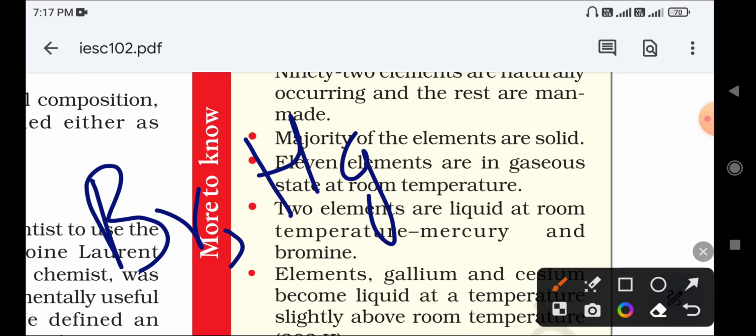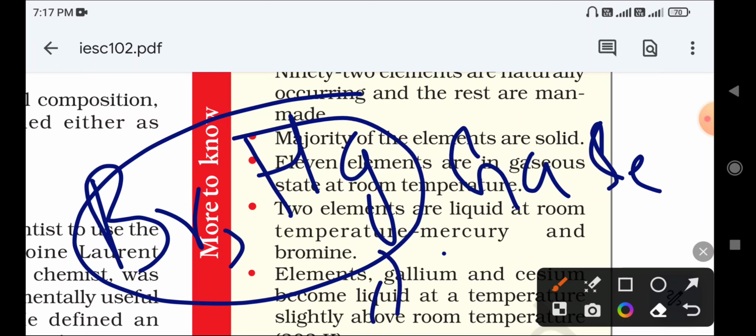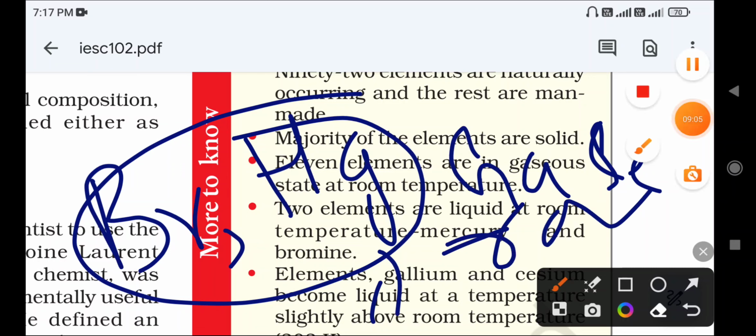These are the two elements that are liquid at room temperature. Gallium and cesium, two elements, can become liquid above the room temperature. Okay, these are some important points of elements.